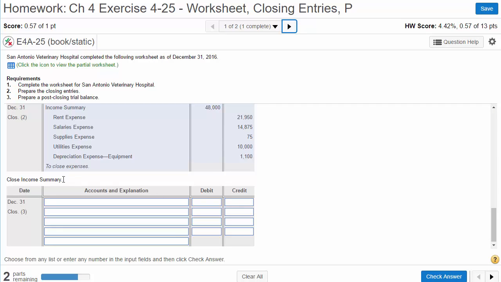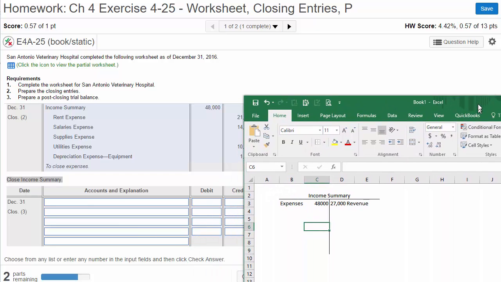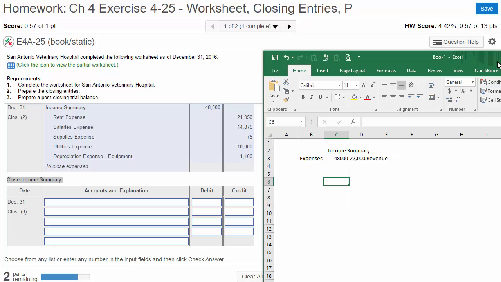Okay, now My Accounting Lab again is too nice to us. They tell us to close income summary, though we should know that. So here's my income summary. It's easier to see now how I need to close this. So how would I close this account so the balance is 0?